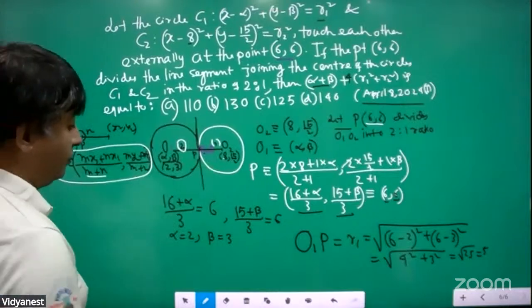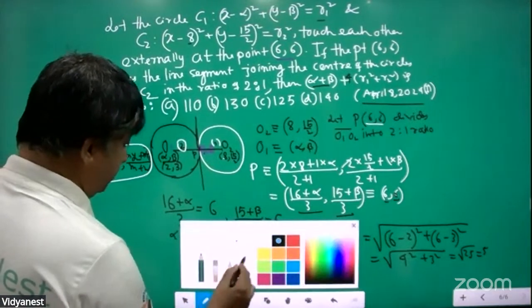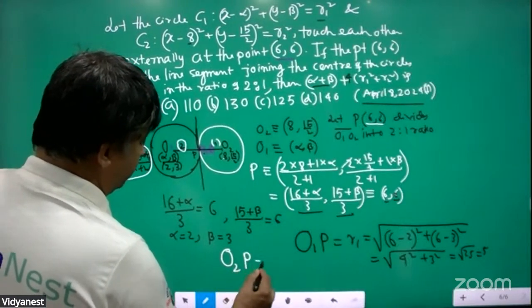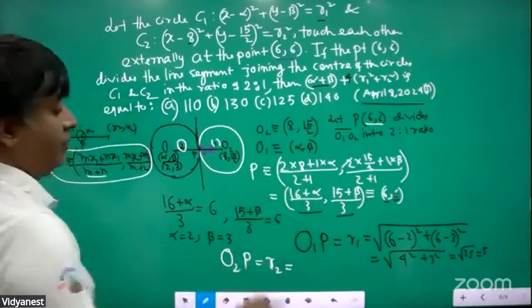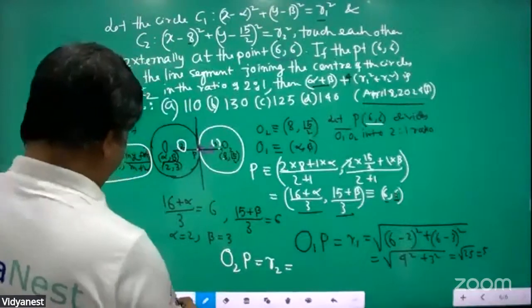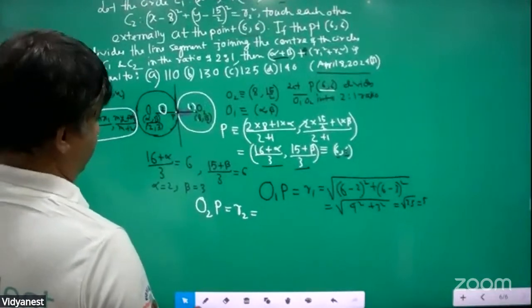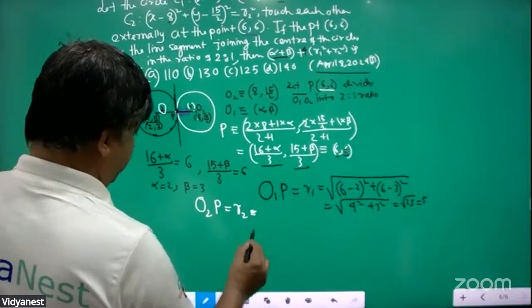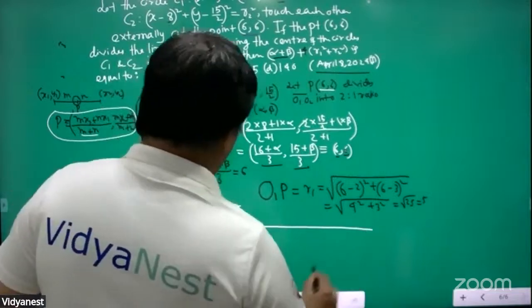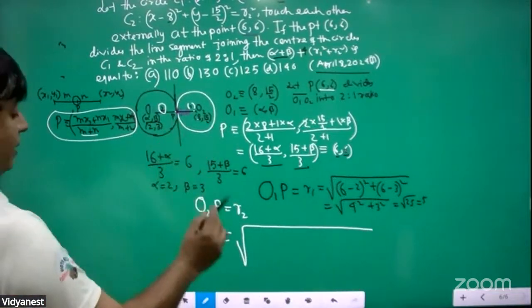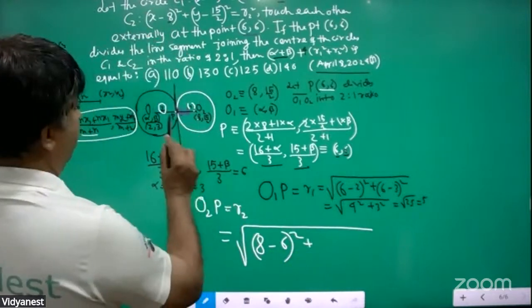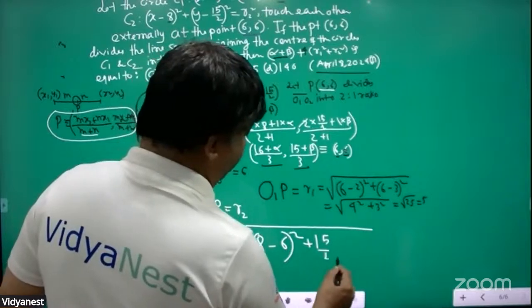What about R2? R2 is the distance between these two points. (8 minus 6) whole square plus (15/2 minus 6) whole square.